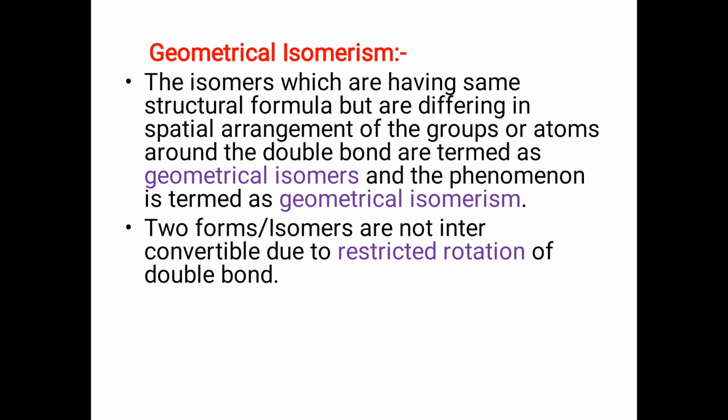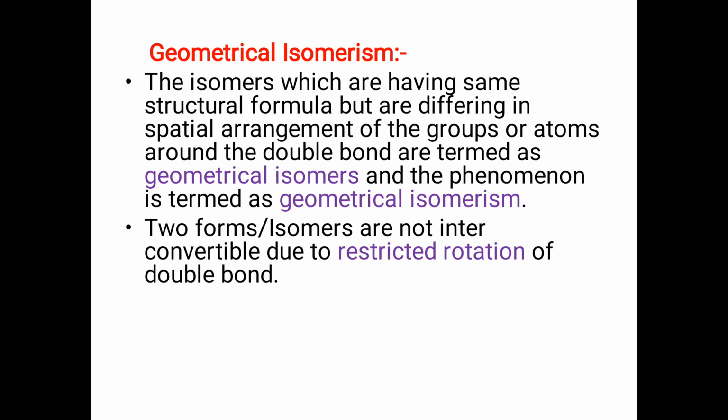These are isomers having the same structural formula but a different spatial arrangement of atoms or groups of atoms around the double bond. This is termed geometrical isomerism, and these isomers are known as geometrical isomers.